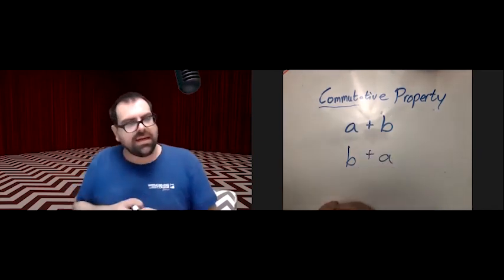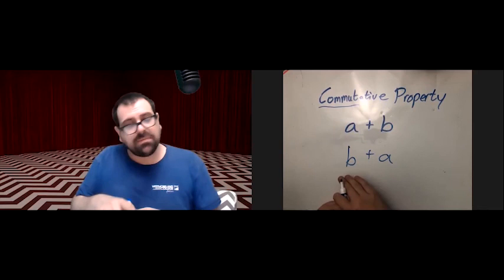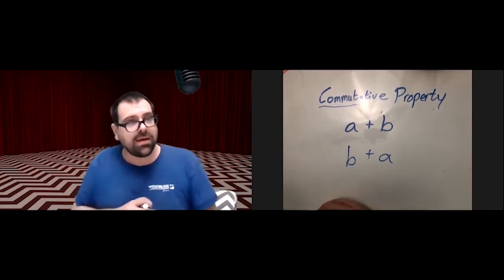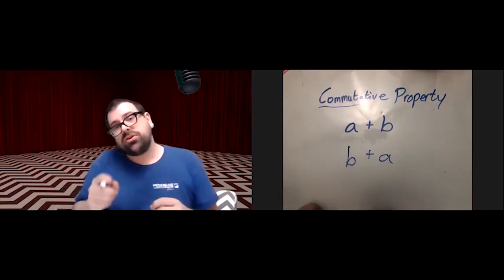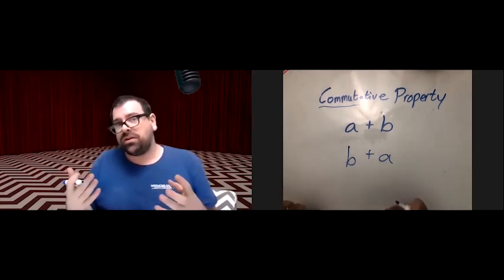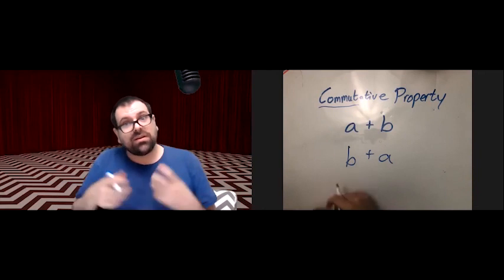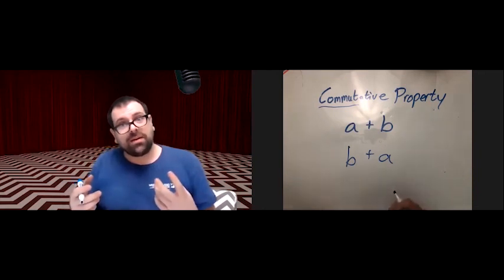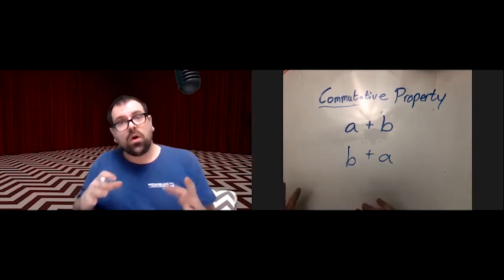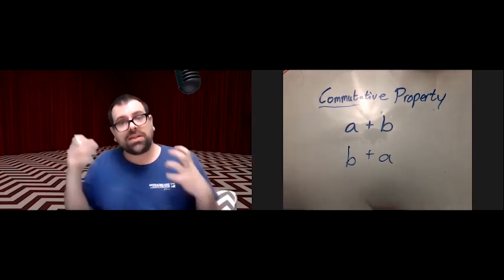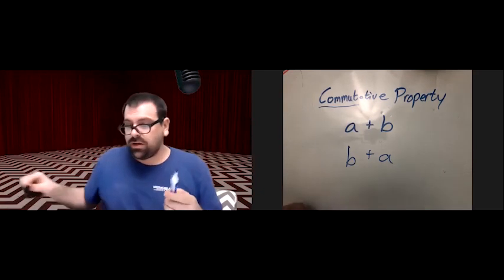A plus B is the same as B plus A. But when you're moving terms around, you need to make sure you take the entire coefficient. Coefficients can be negative. We saw that. And how do we make sure that when we move things around, we're taking the sign with it, that we're taking the entire coefficient?